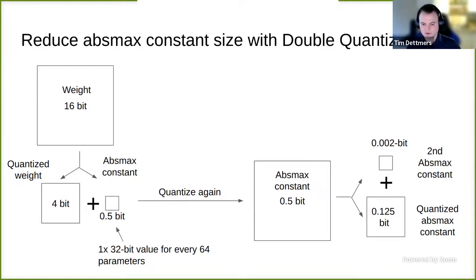If we do that, we can compress them to 0.125 bits. So we save almost 0.4 bits. That might not sound like much, but 0.4 bits for 70 billion parameters is multiple gigabytes. So this quantization is important to fit everything into these smaller GPUs. It saves a couple of gigabytes.